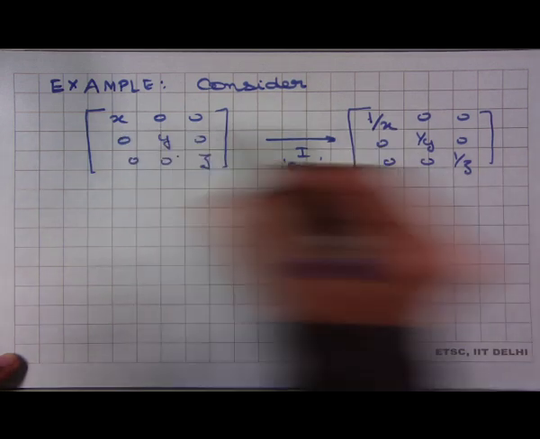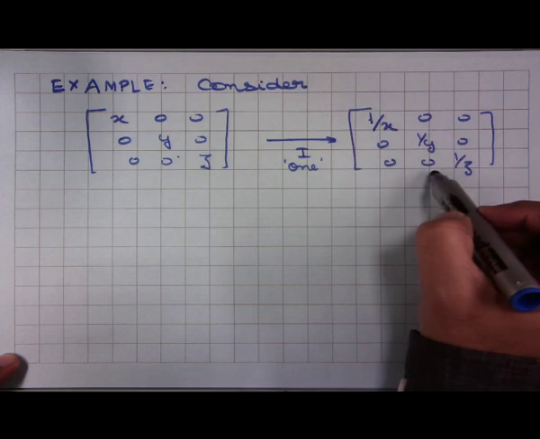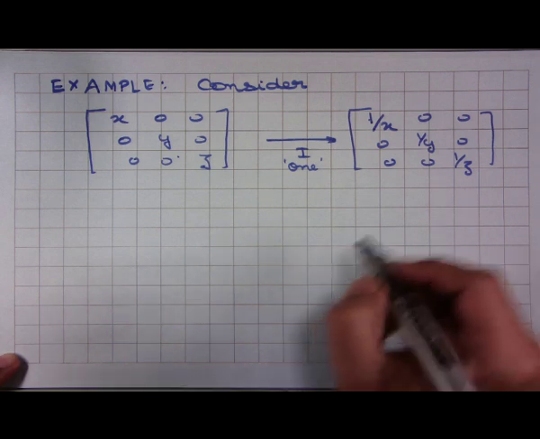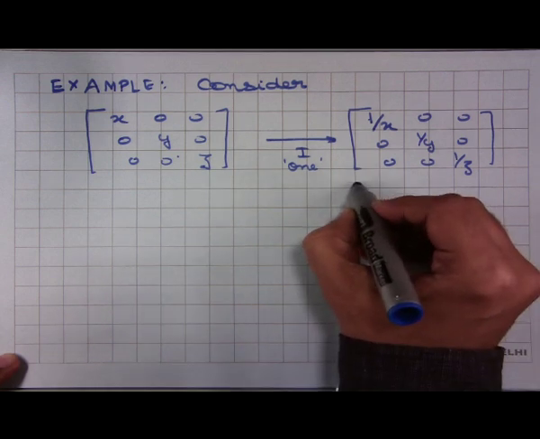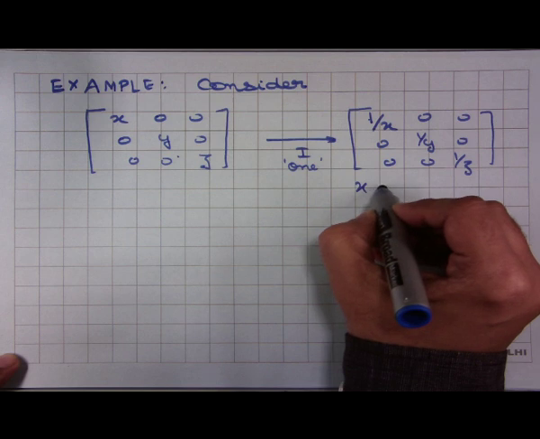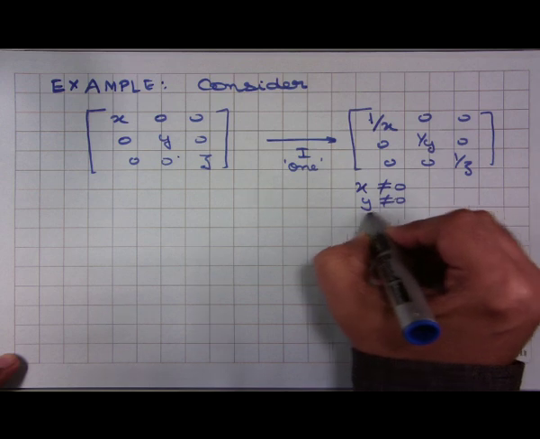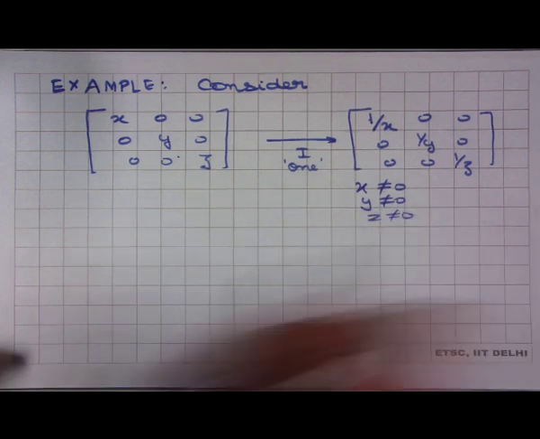Same if I multiply this by this diagonal matrix, there is no term which is not 0. Same with other columns, essentially only the diagonal terms will be picked up. But this works when x is not equal to 0, y not equal to 0, z not equal to 0. Right. So, this is one inspection way.